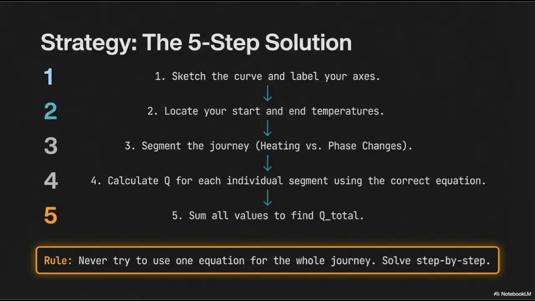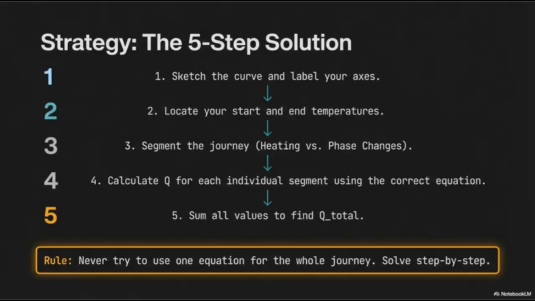The way I will do it is you have your heating curve, that's step number 1. Label your starting and end temperatures because that will tell you which regions of the heating curve you are dealing with. That is going to tell you which sections I'm increasing temperature, and which sections I am keeping the temperature constant.